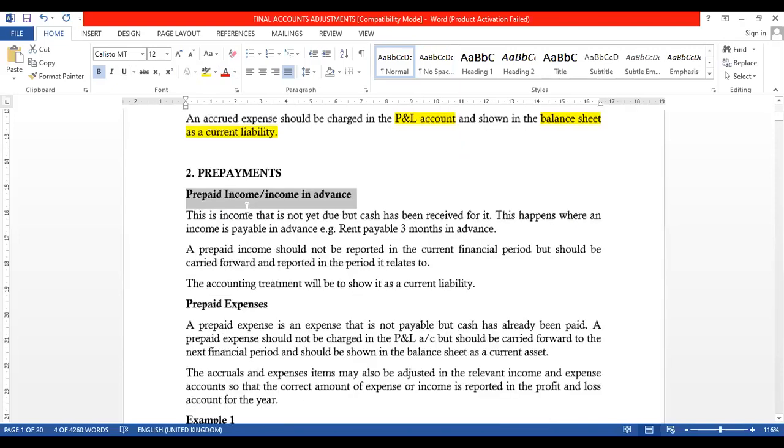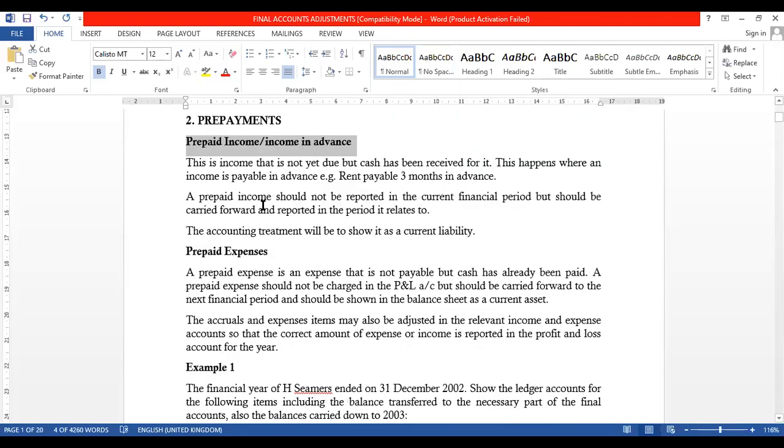Good, we have said that. Now that amount cannot be reported in the current year. Even if you have received it in September, when you're doing your financials for September, you cannot report it in September. It cannot help you in coming up with the profit and loss account or deciding whether you made a profit or a loss.